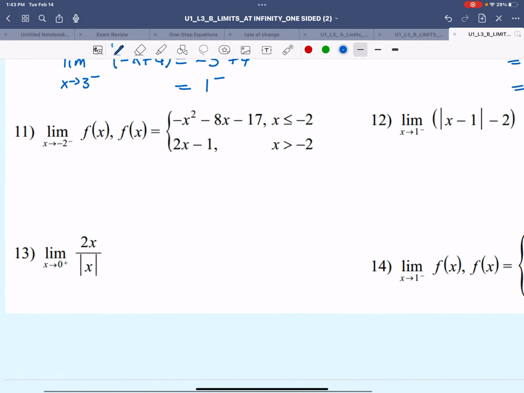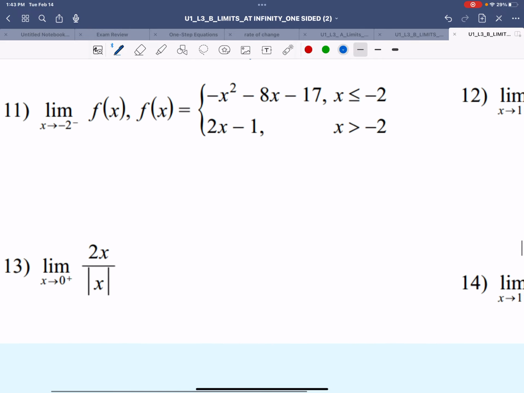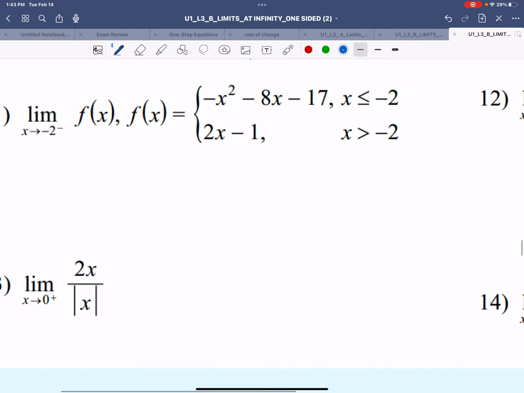So in a similar way, we discussed the next piecewise one-sided limit. So again, you have a piecewise. The first one here would be in the domain less than or equal to -2. And the second piece is for x bigger than -2. So if you're finding the limit as x approaches -2 from the left-hand side, then we have to check and see where -2 from the left-hand side is located.